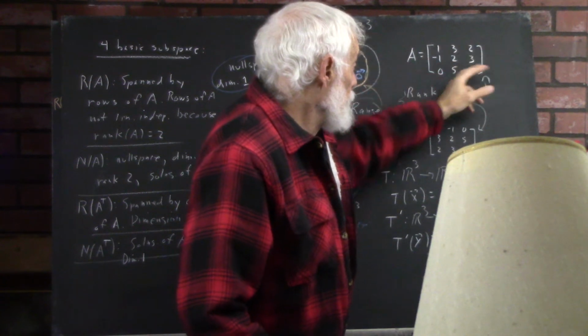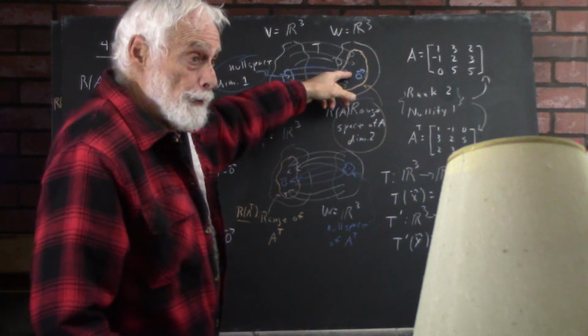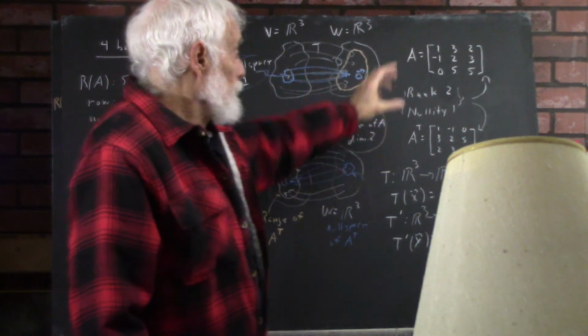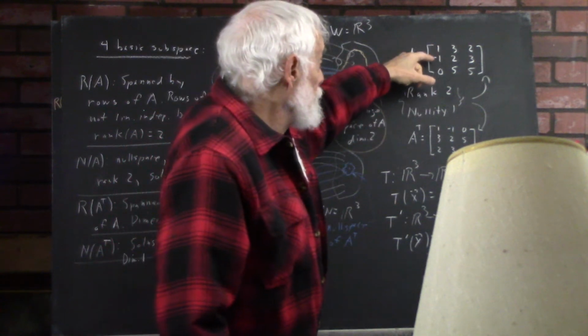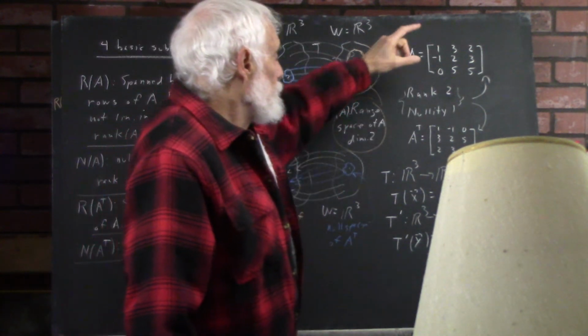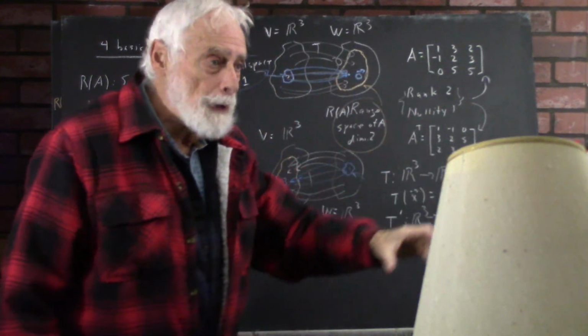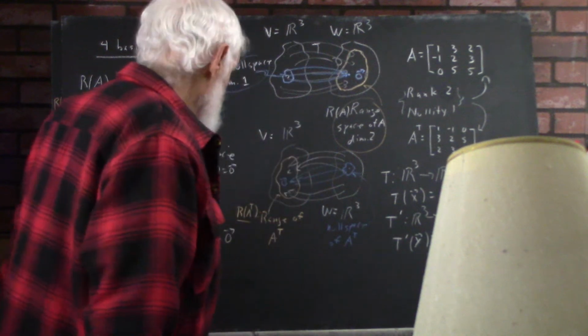Multiply by 0, 0, 1, you get the third row, and those 3 rows then have to appear in the range. Now those 3 rows don't constitute a basis for the range because these rows are not linearly independent. The 3 rows span a 2-dimensional subspace of R3, and that's our range space.